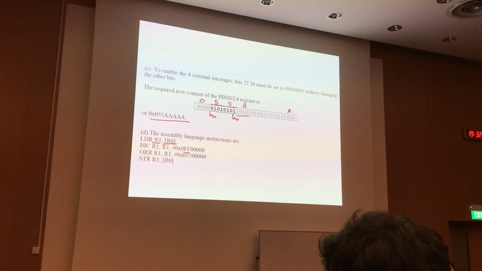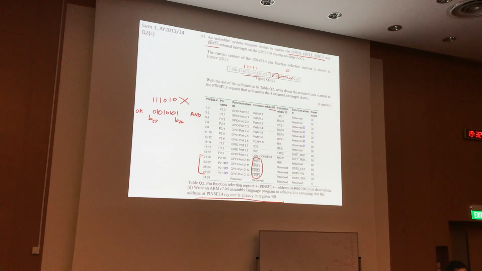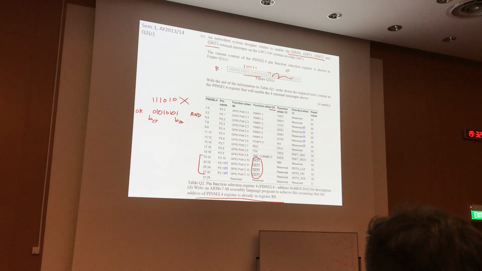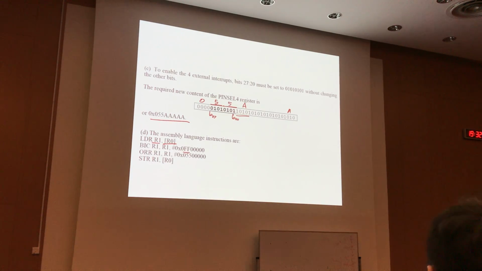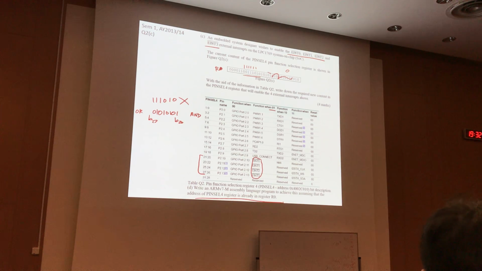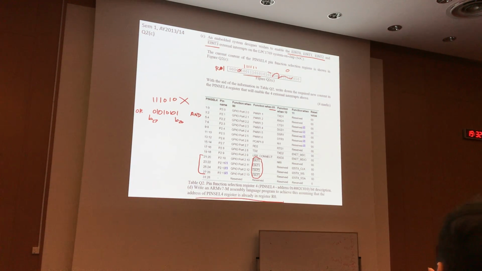Bit clear is the instruction where all the ones are made 0. So when you actually do this, after you load it into R1, you are forcing these 8 bits to become 0, only those 8 bits.